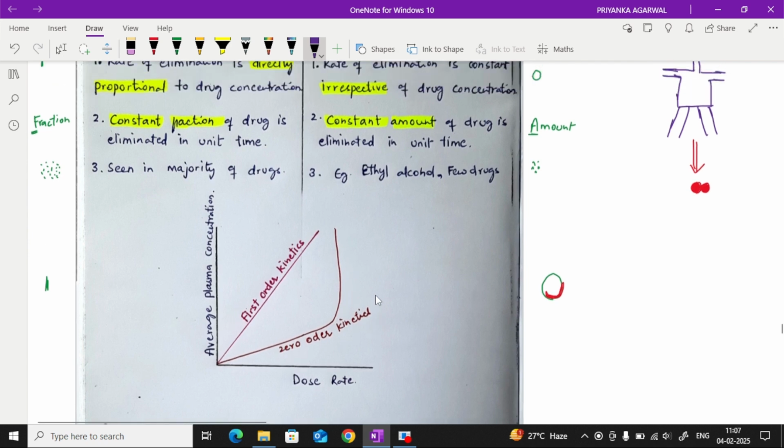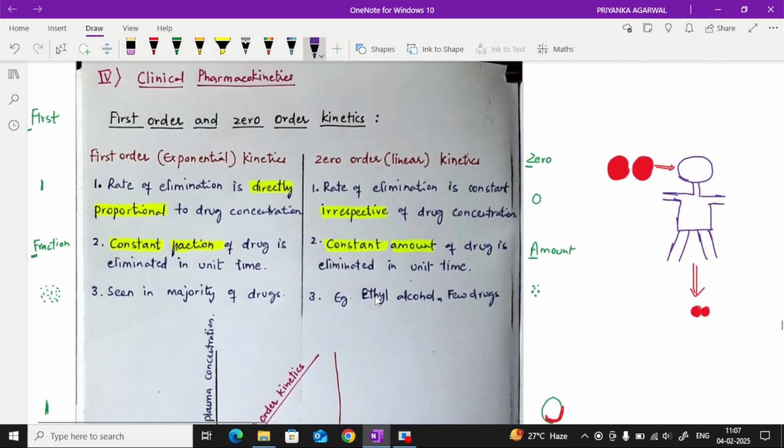I hope you understand the difference and the meaning of first order and zero order kinetics. To recap, just remember that in first order a constant fraction of drug is eliminated, and in zero order a constant amount of drug is eliminated. So you understood what these mean.